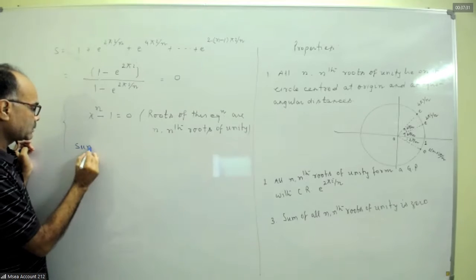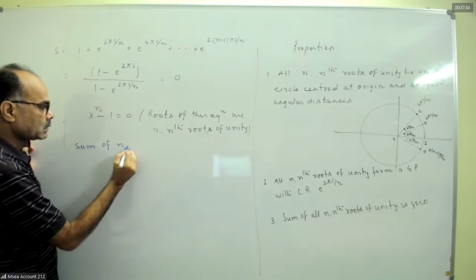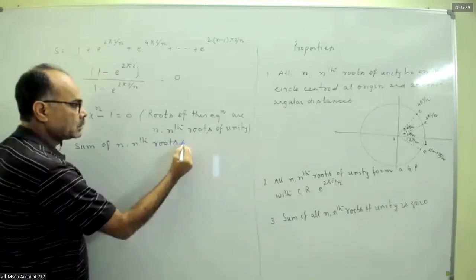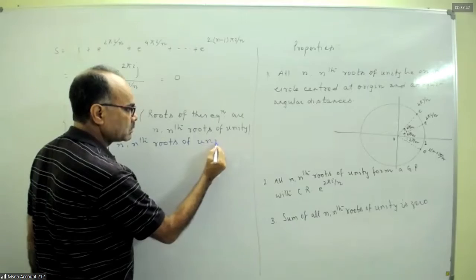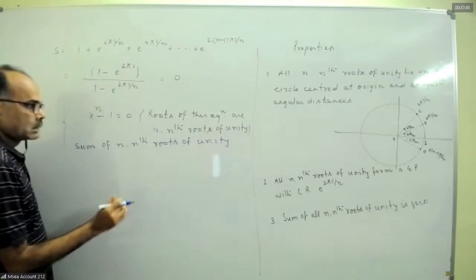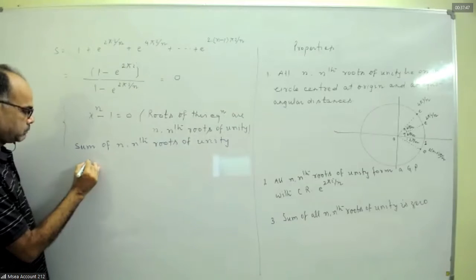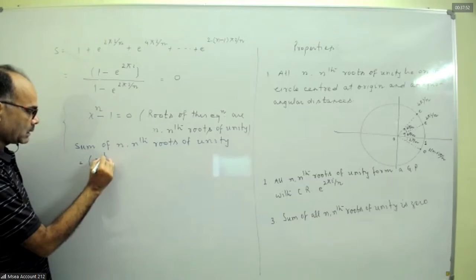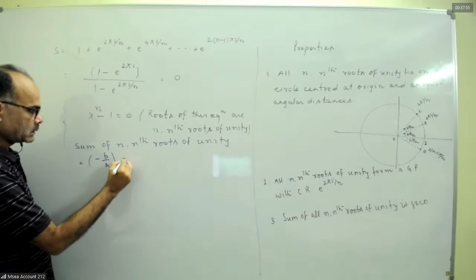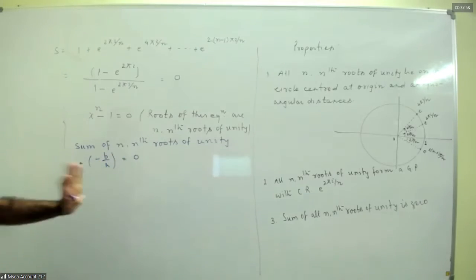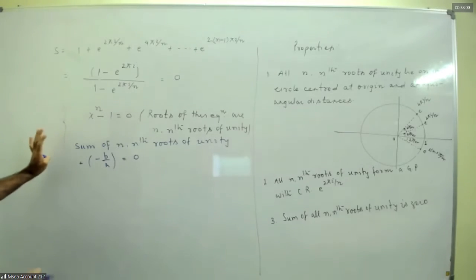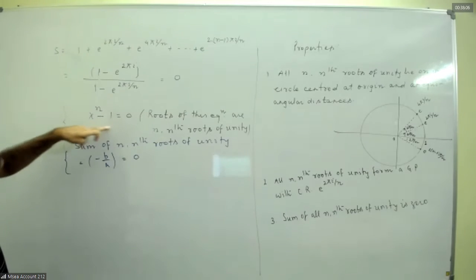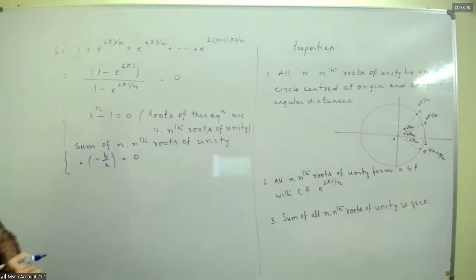Sum of n roots of unity is minus b by a, which equals 0. Just for recall of that result. From here only we can say the sum of the n roots of unity is 0.